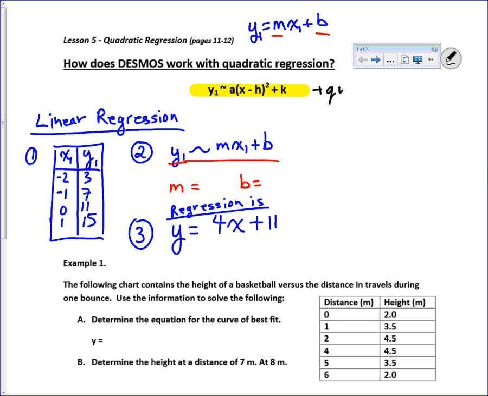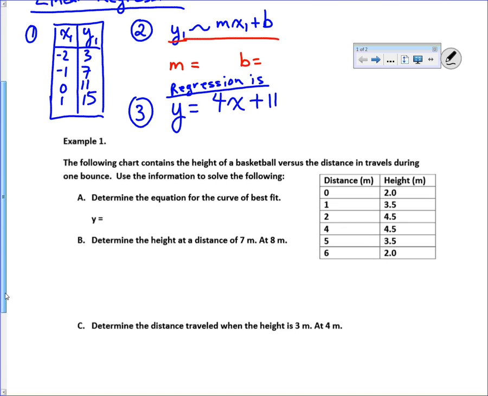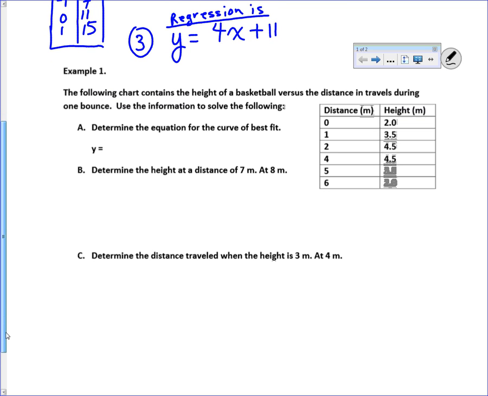There's the quadratic equation for a line. I want you to remember that that's something that you have to put to memory. So let's go and use the regression for each of these things here.